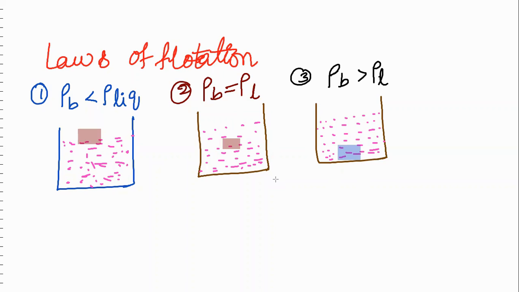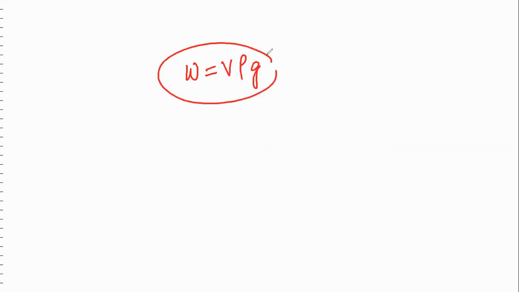Then whenever we take the weight of the body, that is taken as V rho g. V for volume, rho for density, g is the acceleration due to gravity. What is weight? It is the product of mass and acceleration due to gravity.